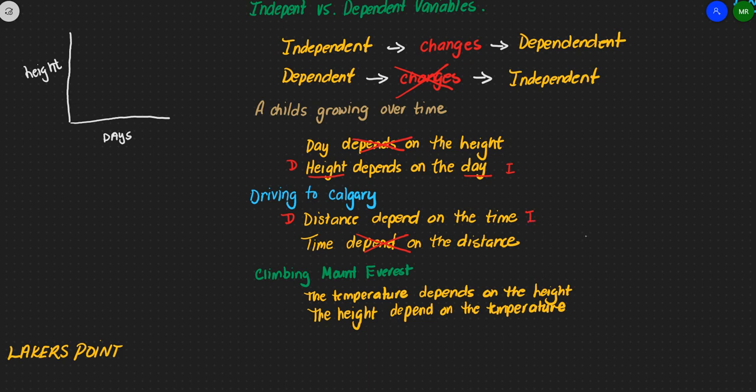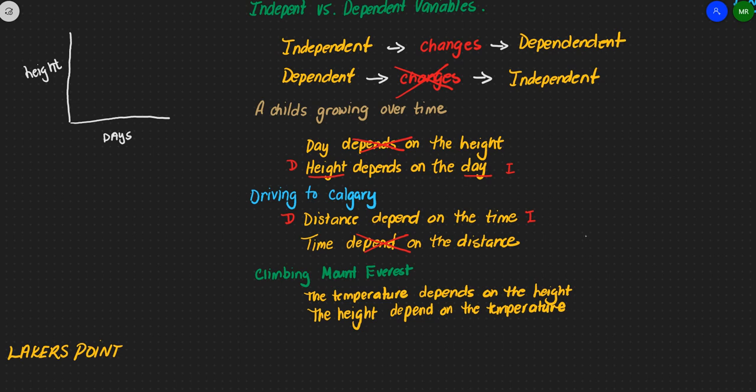Let's think of another one, climbing Mount Everest. We probably heard in science that as we go higher into the atmosphere, the temperature drops. Well, and that's the case, the temperature depends on the height, or does the height depend on the temperature? Well, remember, the higher we go, the colder it gets.